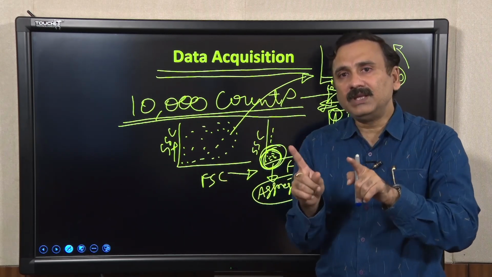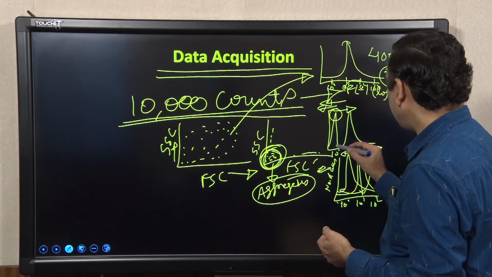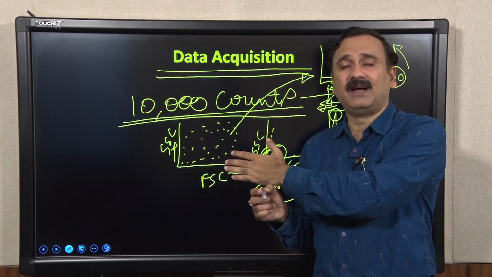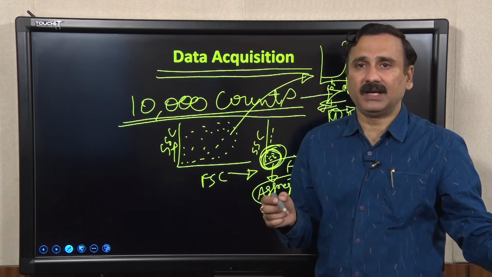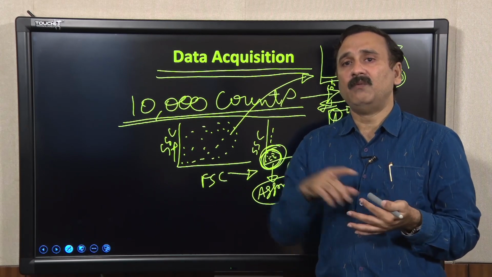If you see a huge shift, for example, if it is crossing 10 to power 3, then I can go back to the untreated sample and again change the current and the gain so that your treated sample comes within the scale.